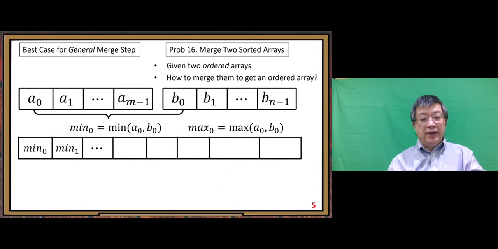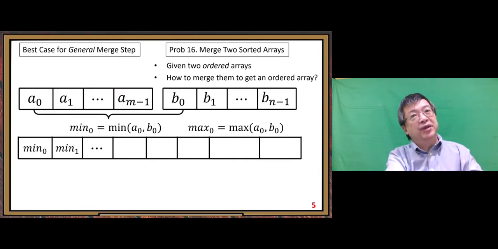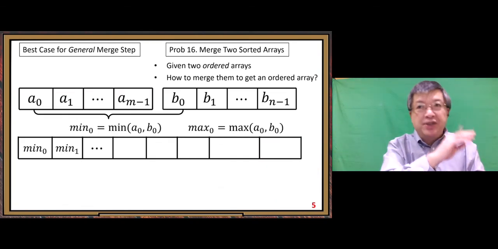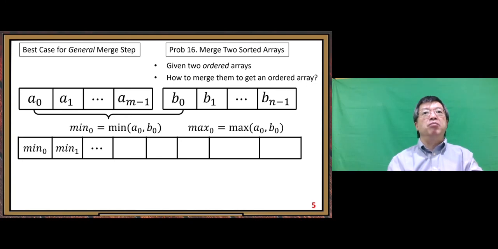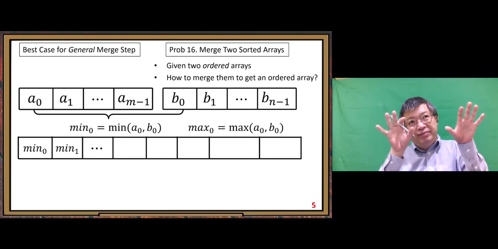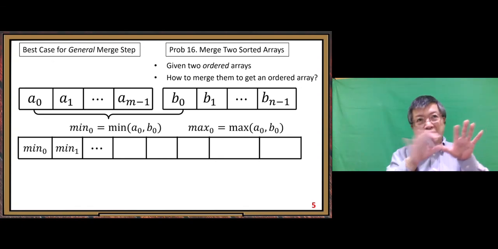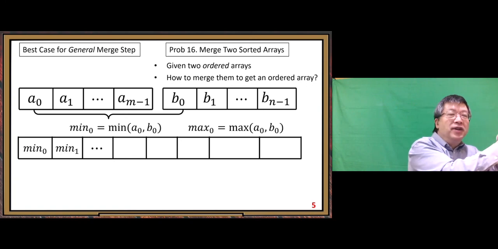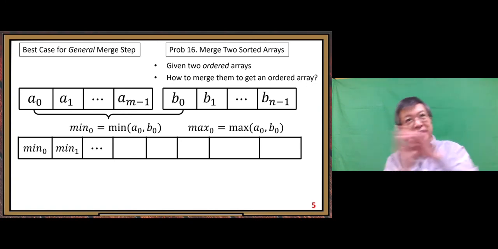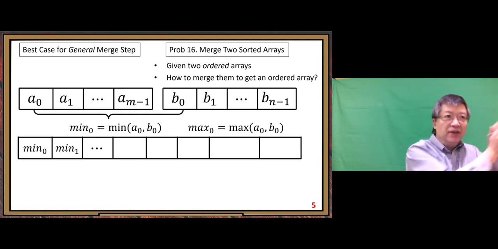Then the best case. I also want to take a look at the best case for the general merge step. So for the best case, now we try to use our previous analysis, but we push to the other end, not this end, to the opposite end.